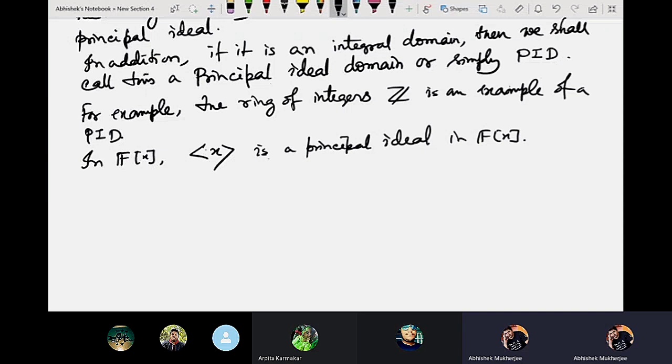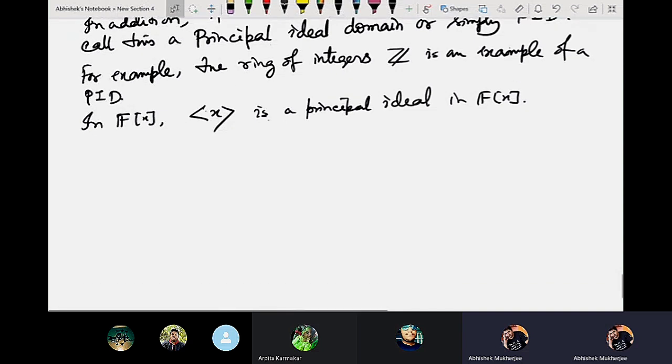So consider any polynomial, then the ideal generated by that polynomial will be a principal ideal. So there are many examples.